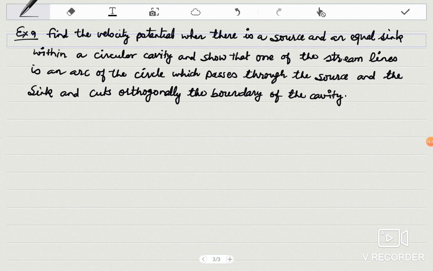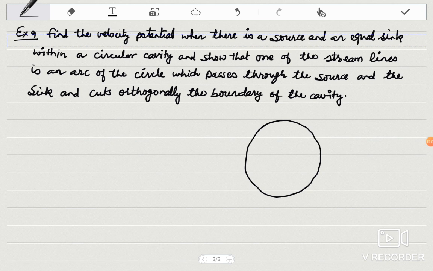You look at this example. This example has two parts. In first part, find the velocity potential. That means you have to find phi, when there is a source and an equal sink within a circular cavity. So this is the first part. So we will concentrate on the first part. This is a circle, or you may say this is the circular cavity.